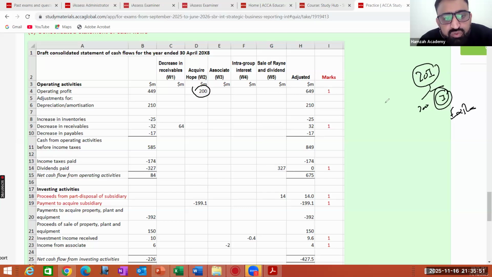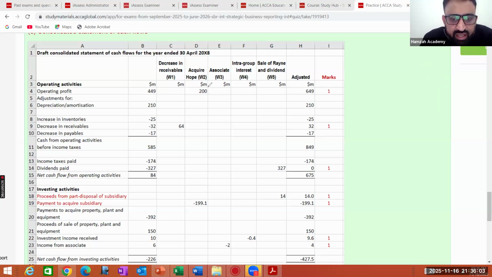So when they treated 201 as an operating expense, incidentally, they recorded the 1 million transaction cost as an expense. That was the correct treatment, so that does not need to be adjusted. So 200 will be added back, as you can see here. It has been added back in operating profit, and it will be taken as an outflow here in the investment category. Payment to acquire subsidiary of the Hope Company, but it is 199.1.